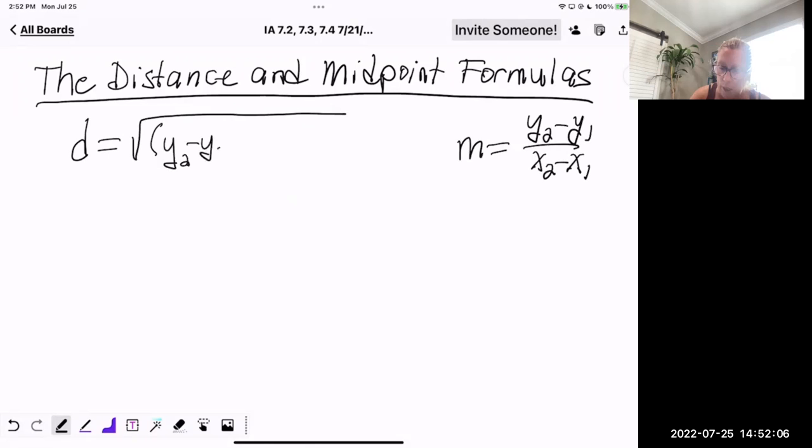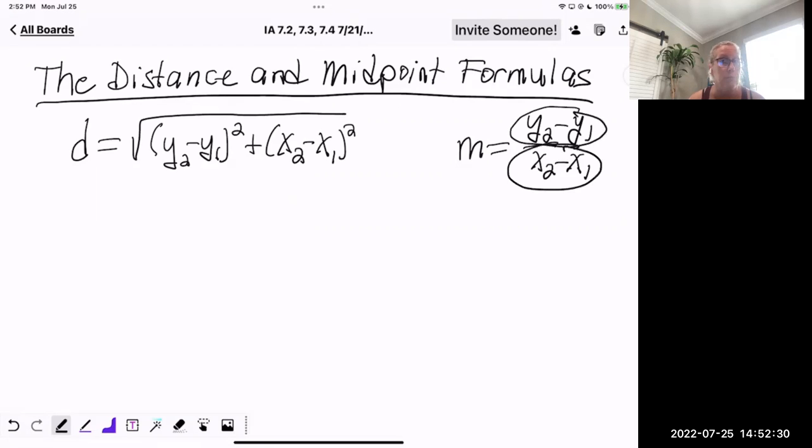The square root of y2 minus y1 squared plus x2 minus x1 squared. That's your distance formula. Very related to the slope and the way it's set up. So if you know your slope, just remember this is first squared plus this is second squared all under a square root.